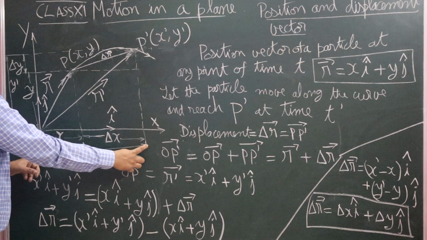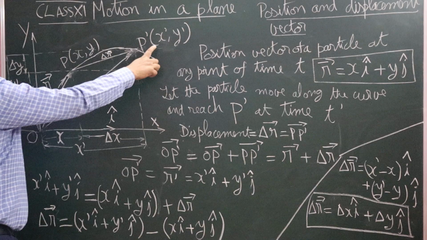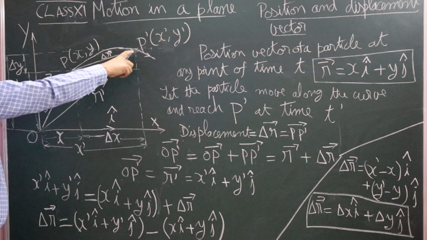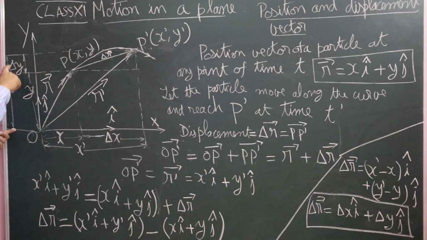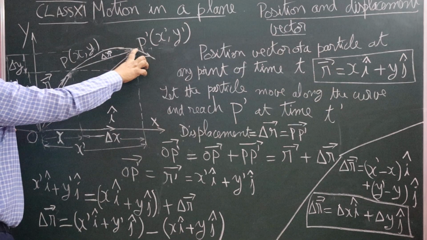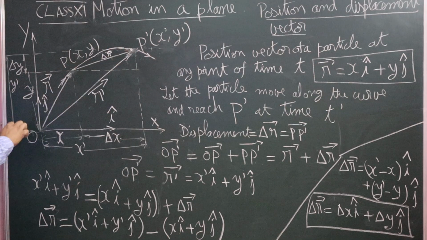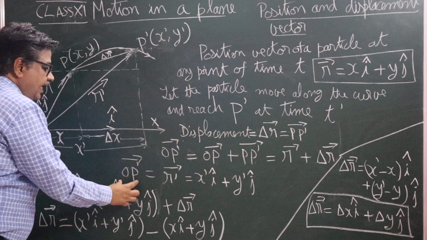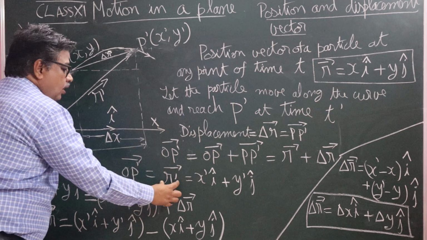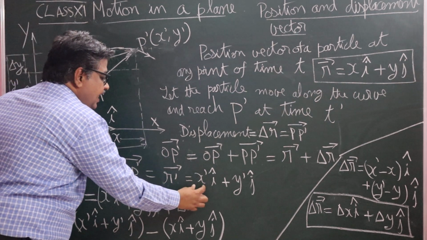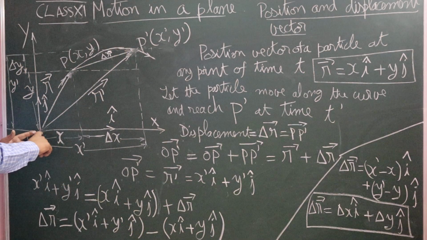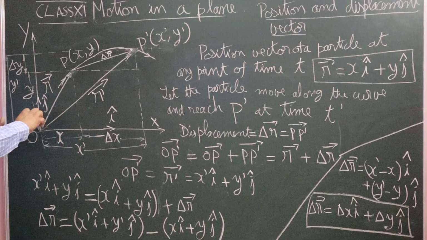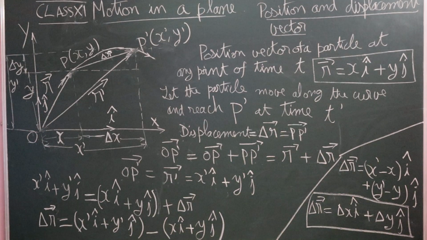This distance is x dash along the x axis, and along the y axis this is y dash. So point P dash is (x dash, y dash). I cap is the unit vector along the x axis, j cap is the unit vector along the y axis.